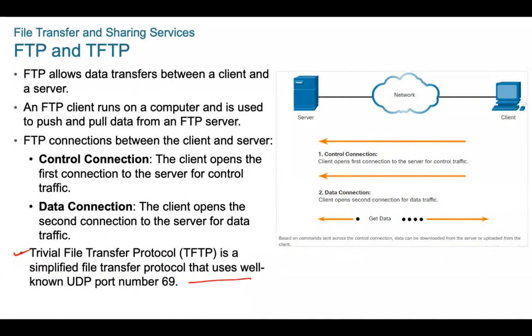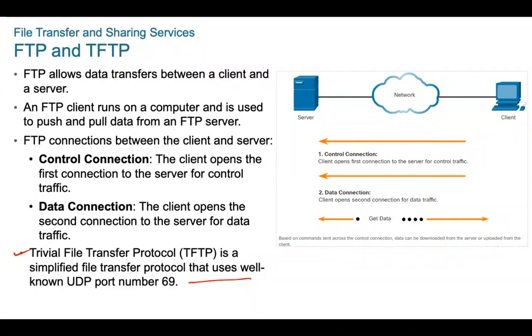So this TFTP is a simplified one which uses port number 69, a UDP port number, not a TCP port number. UDP means that the connection between your client and server is not established. A pre-handshaking process is not required.